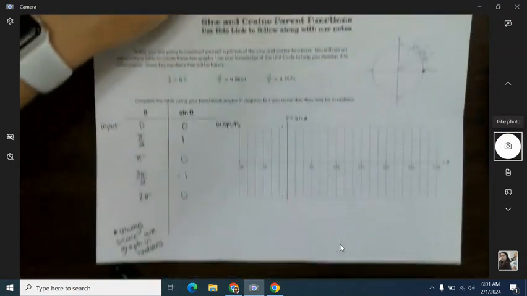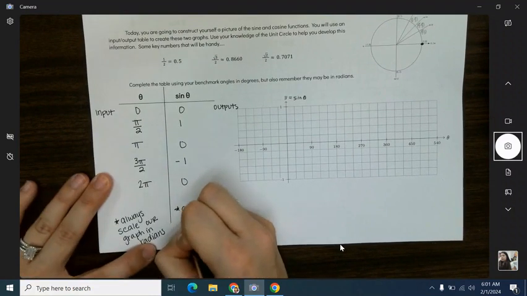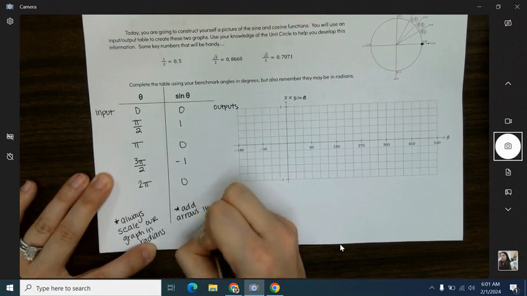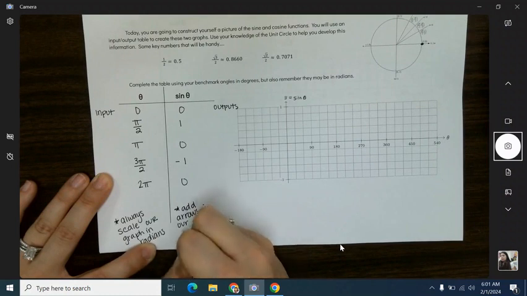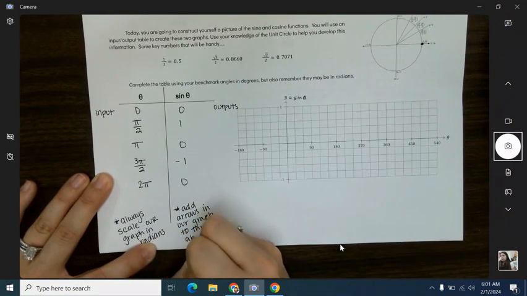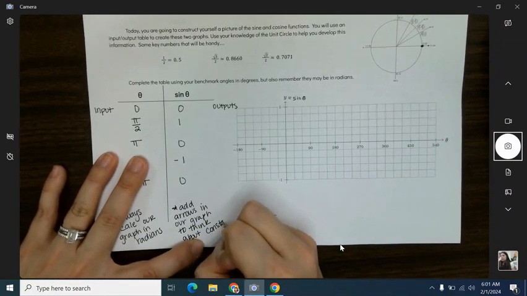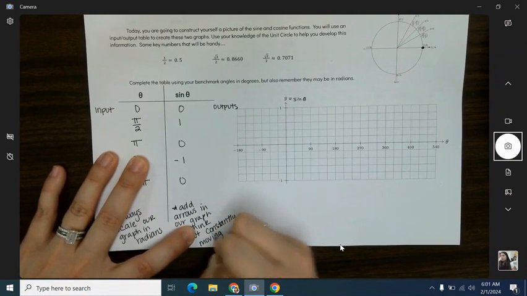Okay, we always scale our graph in radians, so that's important to keep in mind. And we always want to add arrows in our graph to think about constantly moving around a circle.